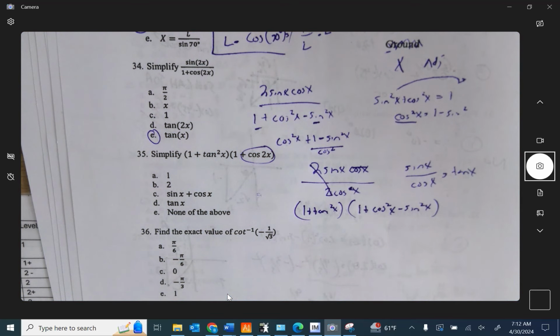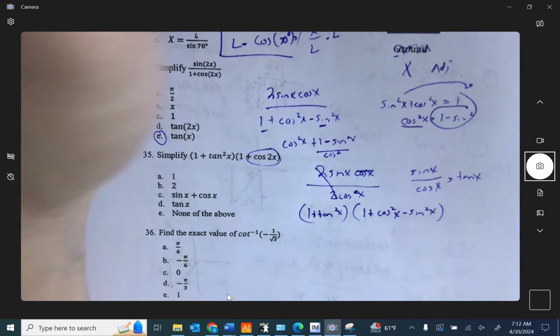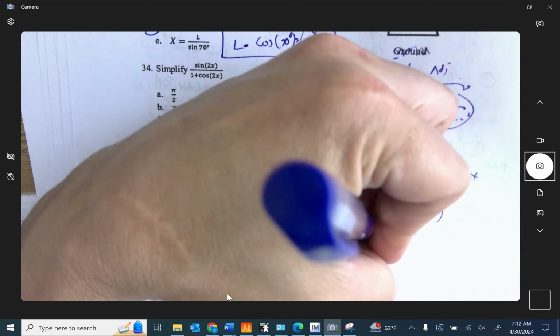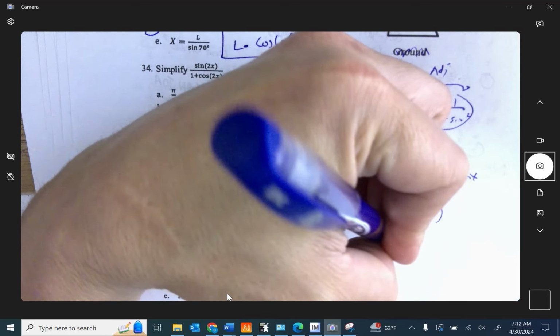Now we'll do the same substitution we did earlier. Cosine squared is 1 minus sine squared. So 1 plus 1 minus sine squared x.